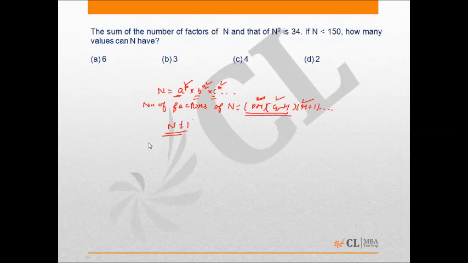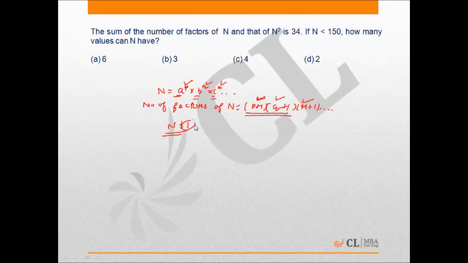N can have no prime factor, as is the case with 1, but in that case the sum of the factors of n and that of n square would not be equal to 34. So n will have at least one prime factor.